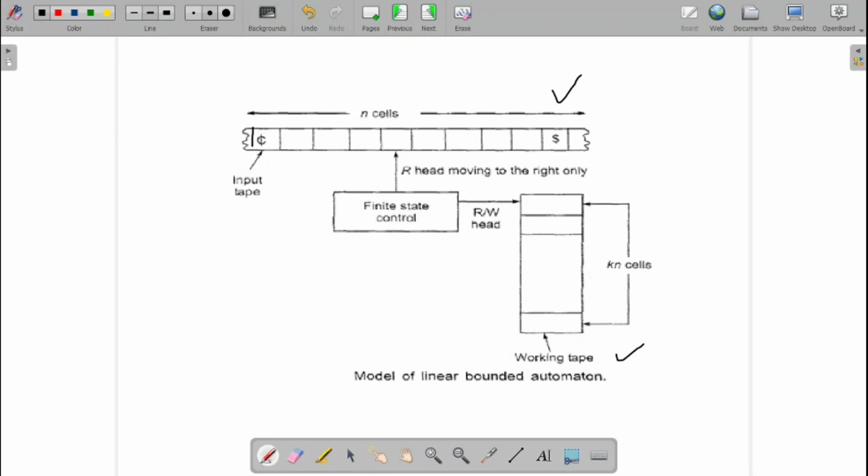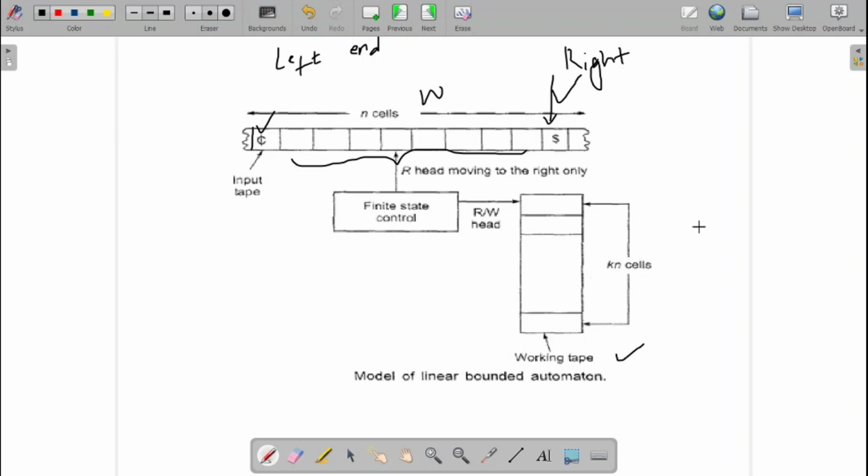In the input tape, you can see the special characters ¢ and the dollar. ¢ is my left end marker and the dollar is my right end marker. So all your string should be between the ¢ and the dollar; your w is to be in between.